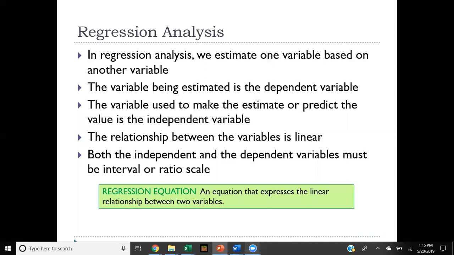Things to know here: we have both a dependent variable and an independent variable. The dependent variable depends on the independent variable. In the sales versus copier example, the question to ask yourself is, does sales depend on the number of calls, or does the number of calls depend on sales?